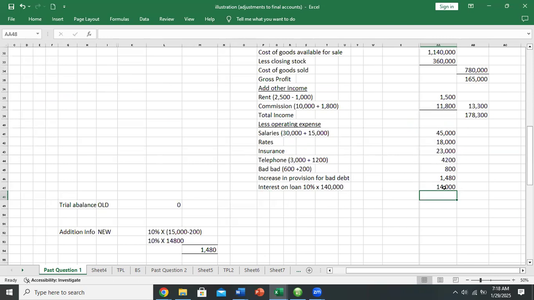Pick the rate on the loan. Sometimes it could be 5%, 10%. Multiply by the loan amount, and you get the interest on loan as an expense. When you go to the balance sheet, you only present how much has not been paid. So if all the interest has not been paid, it goes there as a liability, right? Because you are owing, you haven't paid. So that's for interest on loan.